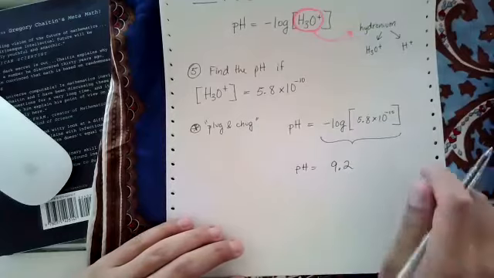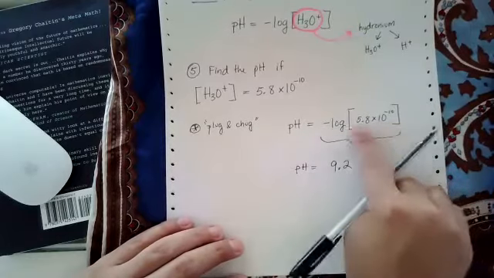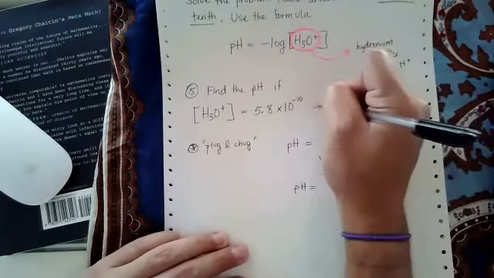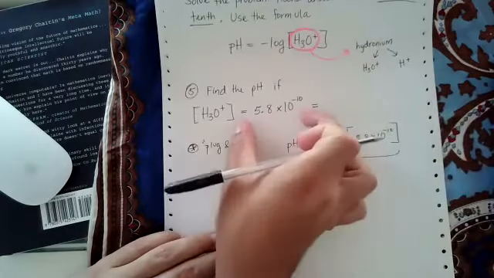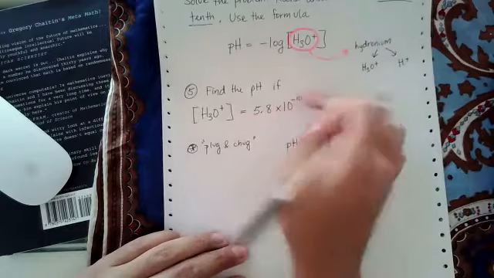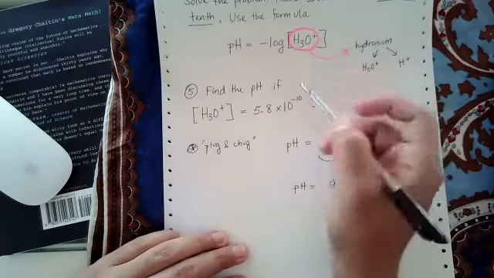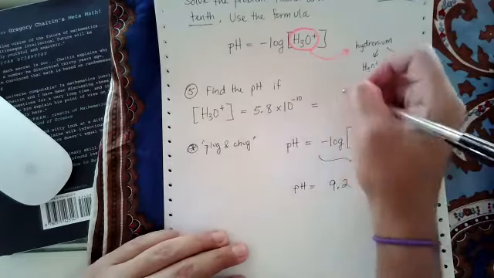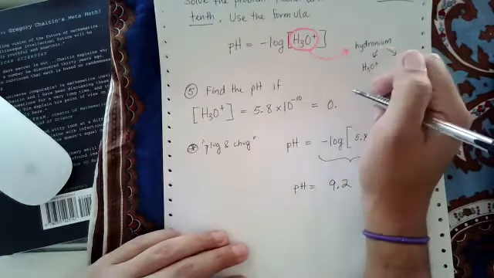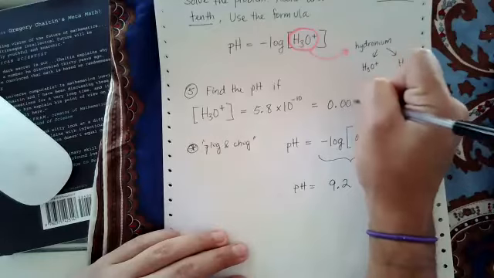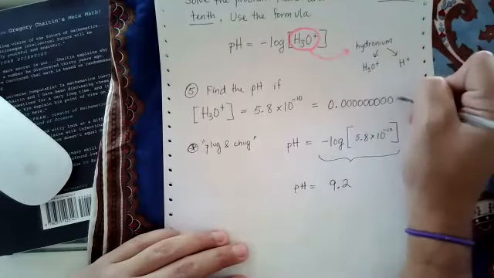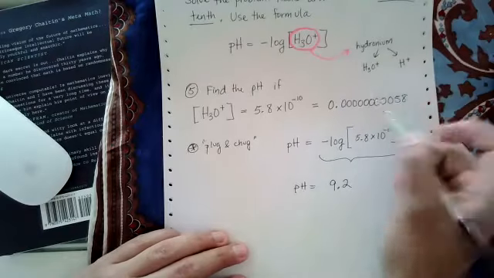Okay. This number is actually really small. If I were to write this not in scientific notation, that's what this is called, where you have times 10 raised to a power, then what this decimal number actually looks like is 0 point, and then 1, 2, 3, 4, 5, 6, 7, 8, 9 zeros, and then 5, 8.